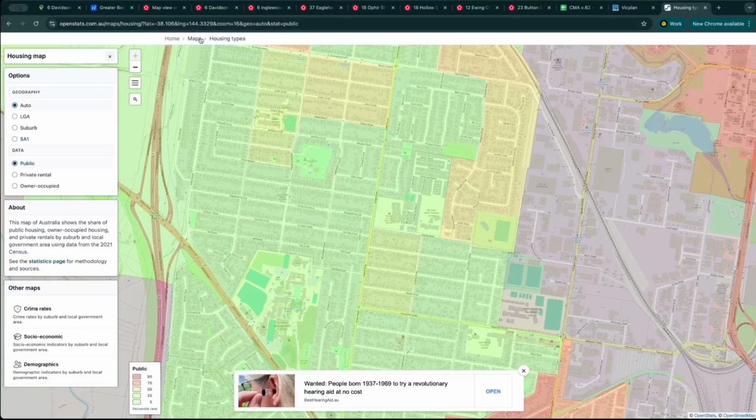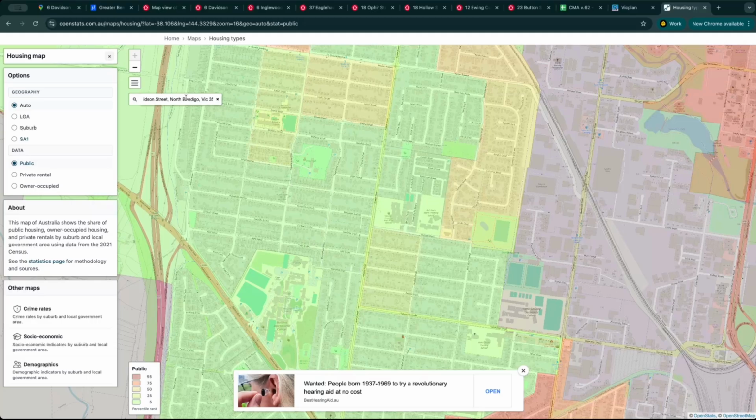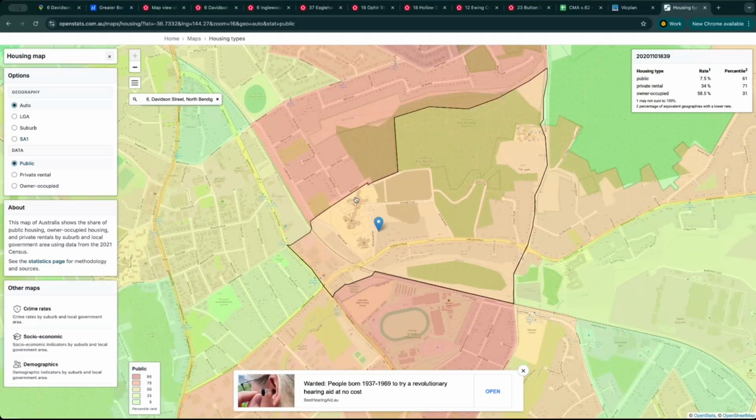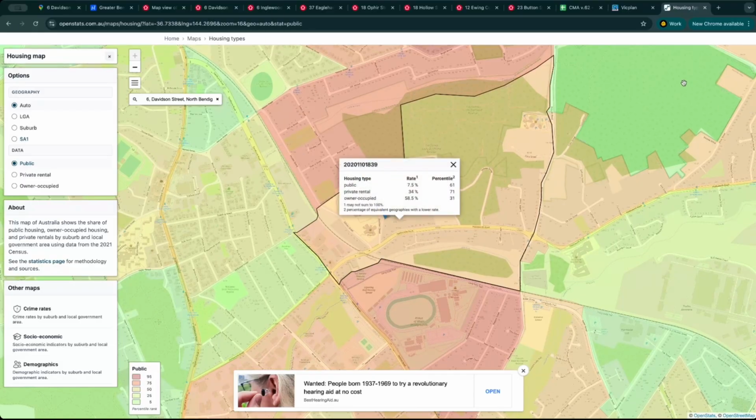Next thing that I would look into is public housing. OpenStats gives you these pockets of particular suburbs to check the public housing percentage. A super quick search: what you would see here is that the public housing percentage is about 7.5%. 34% are rental properties, and about 60% are owner-occupied.